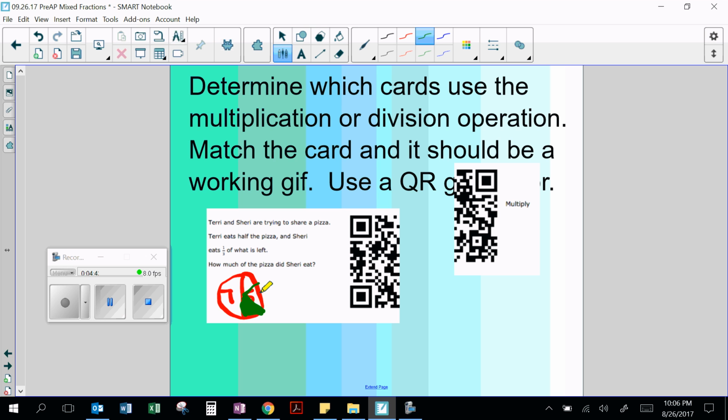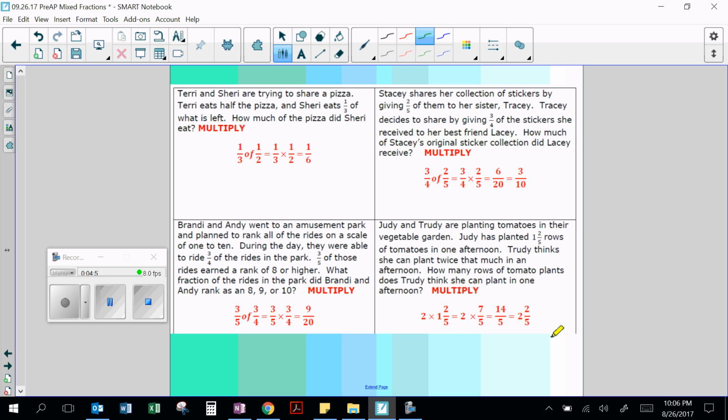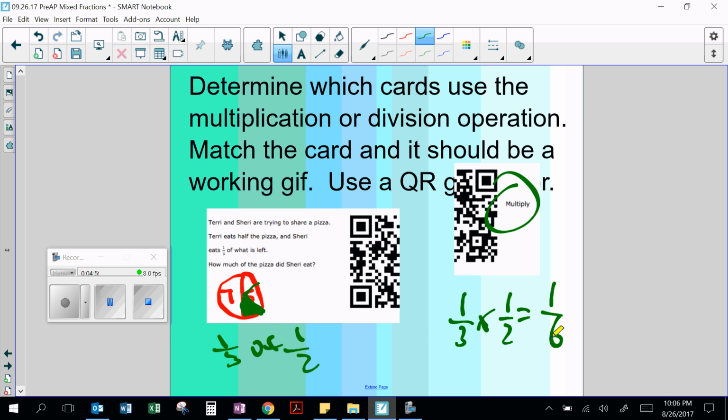I think that's going to be 1/6. So she's eating 1/3 of what is left, 1/3 of her half. That's a multiplication. And the answer would be 1/6. So you're going to go through and solve different ones. And that is today's lesson.